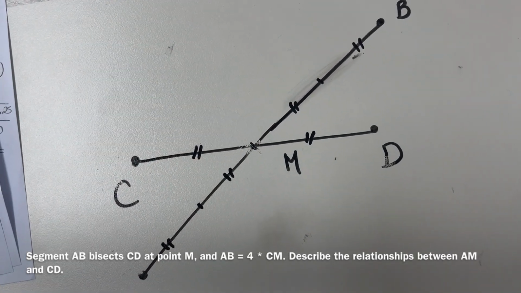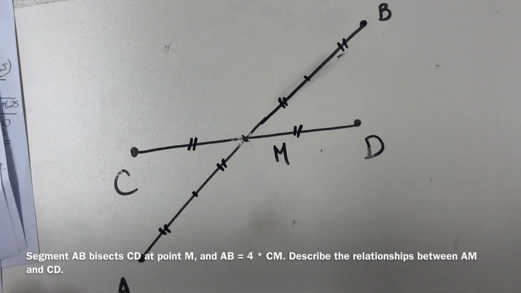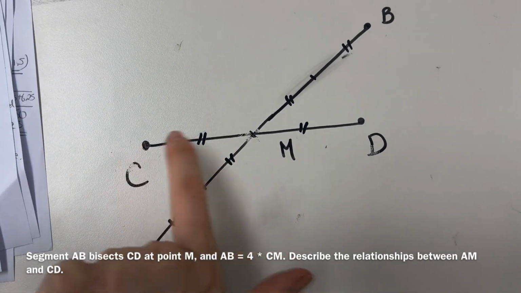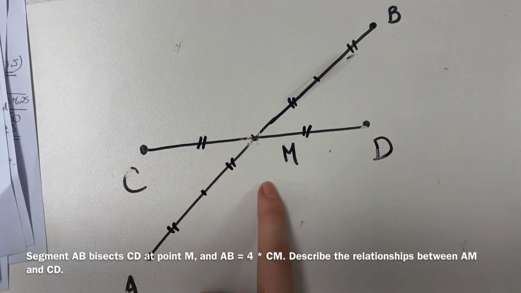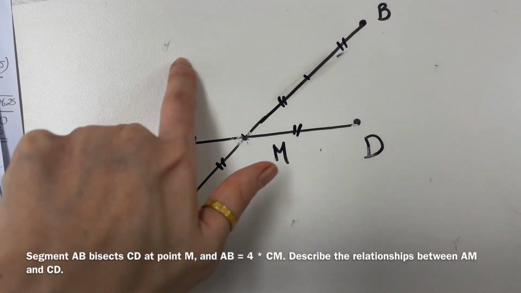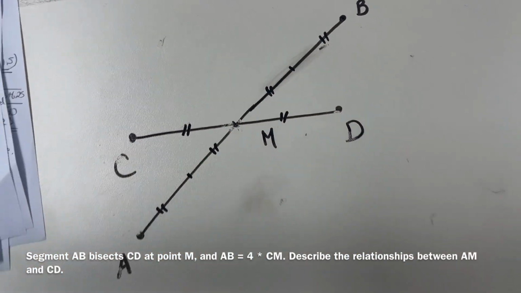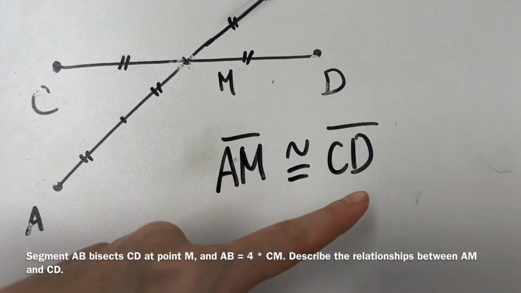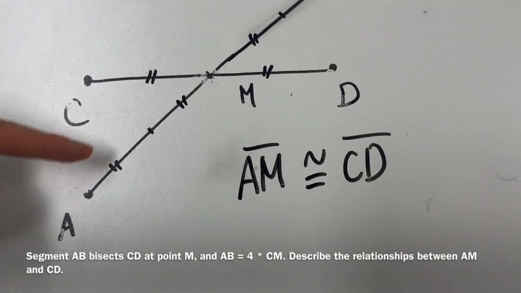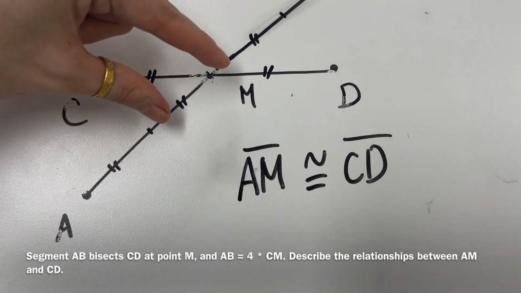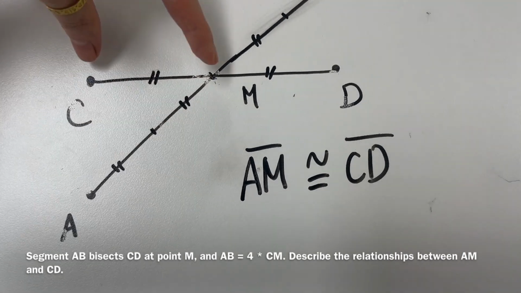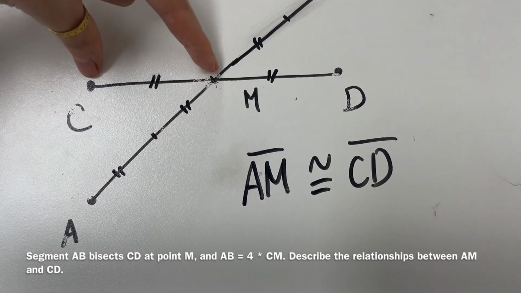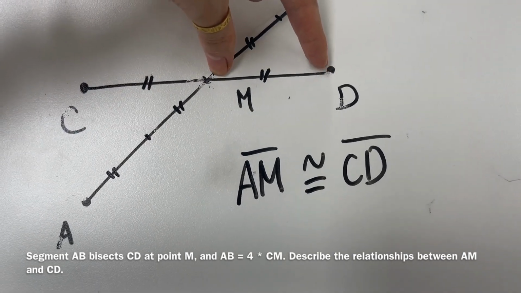So therefore, when we're describing the relationship between AM and CD, guess what? AM is congruent to CD. Voila. There you go. AM is congruent to CD. As you can see, AM has 2 equal segments, CM plus MD.